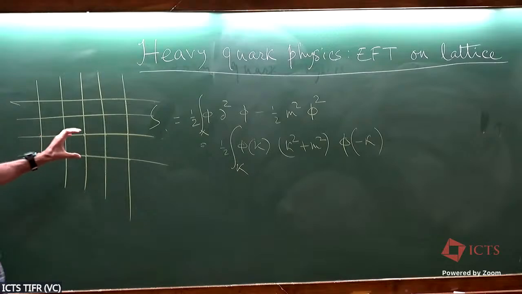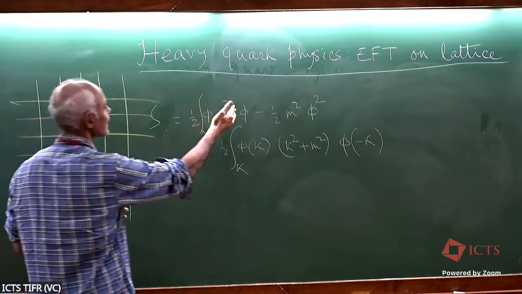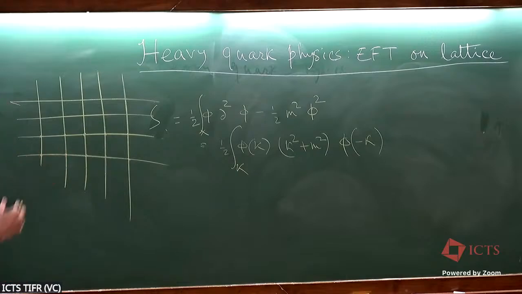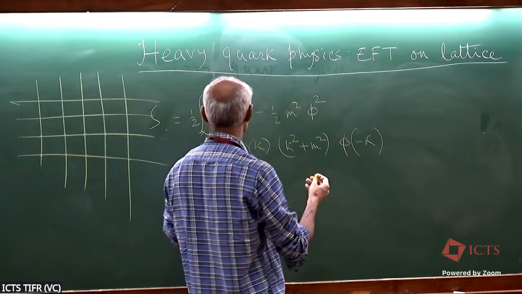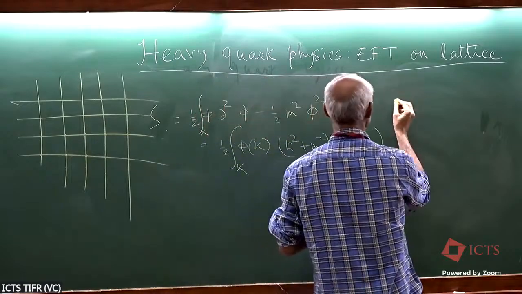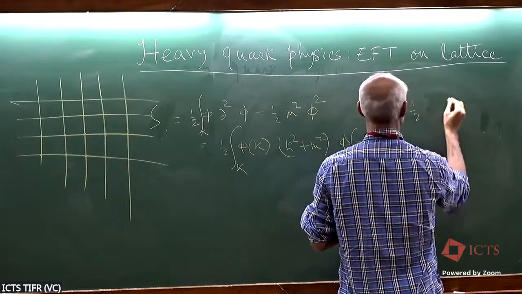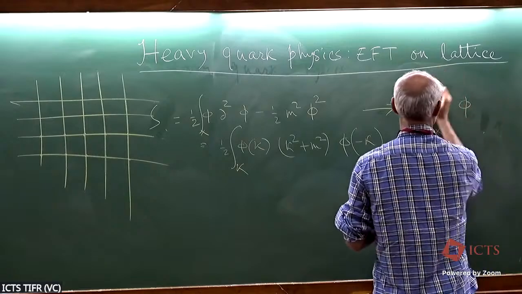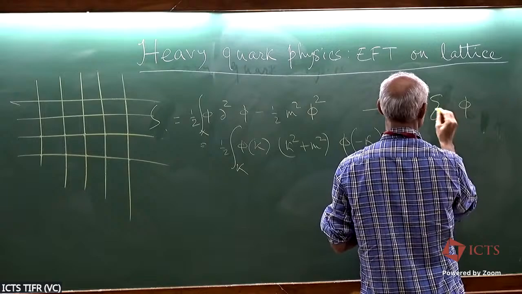Now, if you put stuff only on this lattice, then these derivatives, of course, will get replaced by finite differences, and you also know what's the discretization of del 2 phi. So this will become, sorry. So now I have finite number of points.